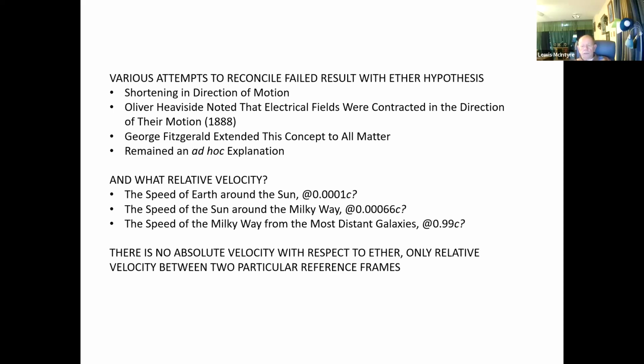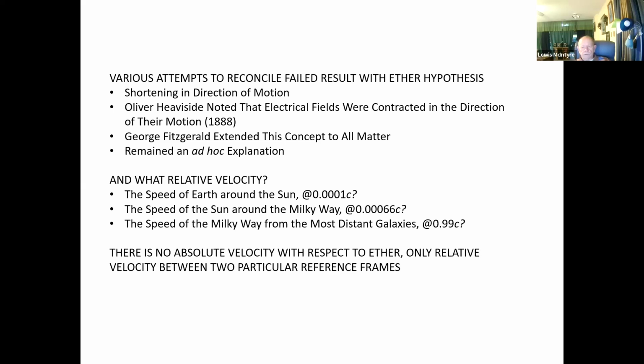This fundamental belief that relative velocity affects the space and time of the moving body ignores the fact that from the point of view of the moving body, it's at rest and the observer is moving, and therefore it is the observer's space and time that is affected. Also, there is no absolute velocity.